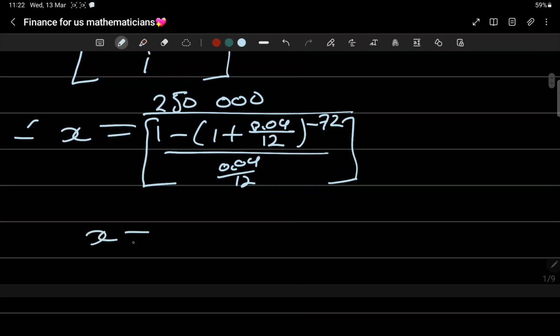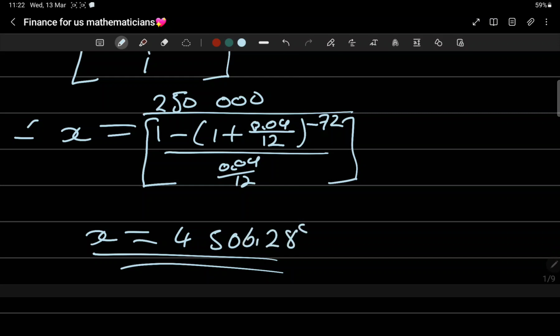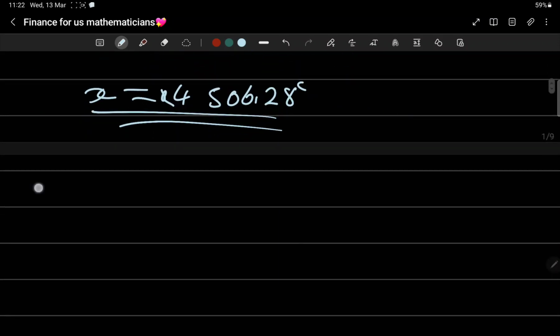Then you press your calculator, and after pressing it, 250,000 over that bracket, and then you should get 4,506.28. So that is number 1.1.